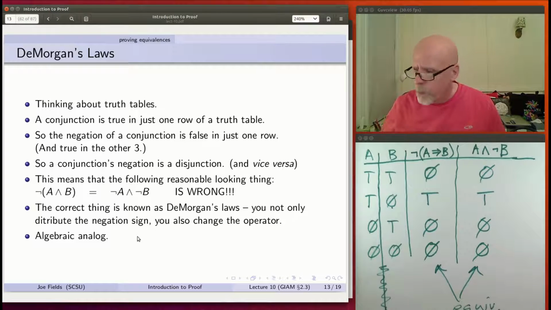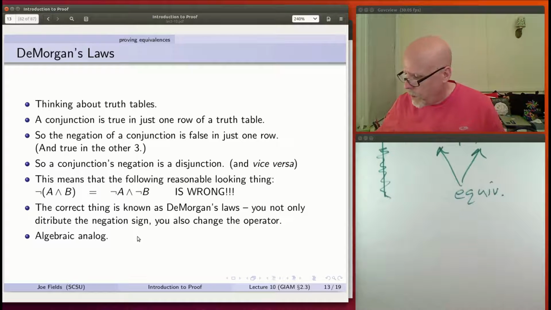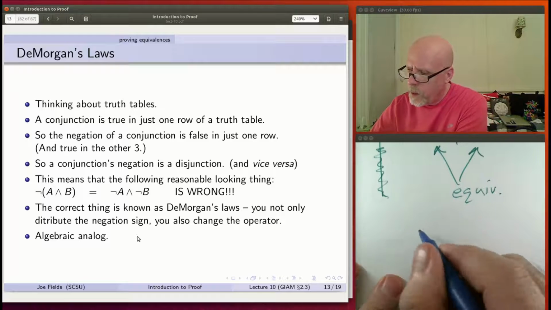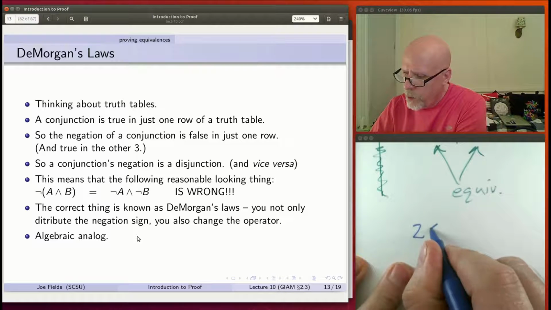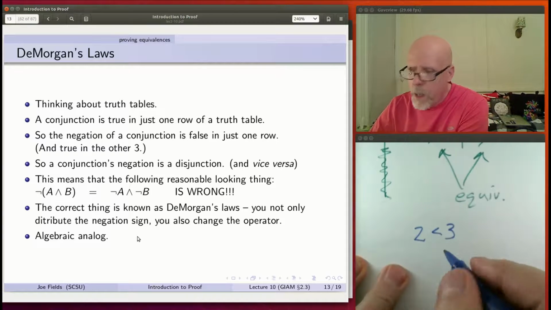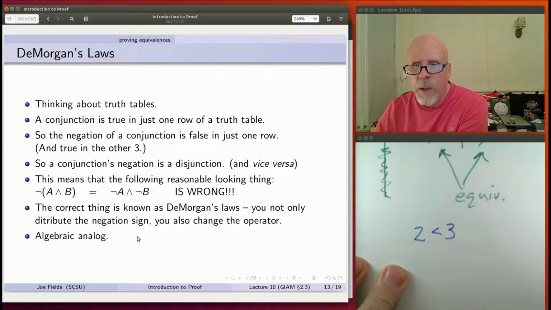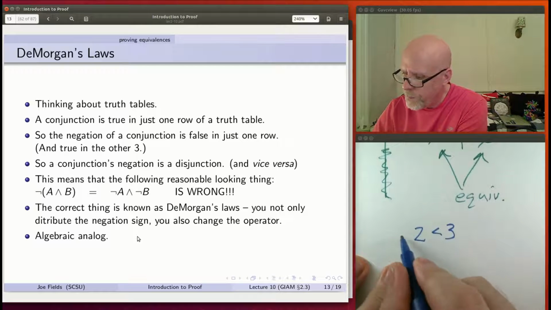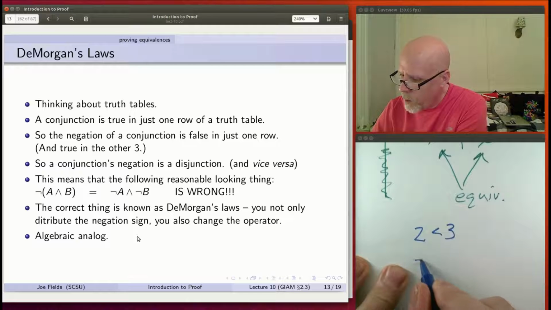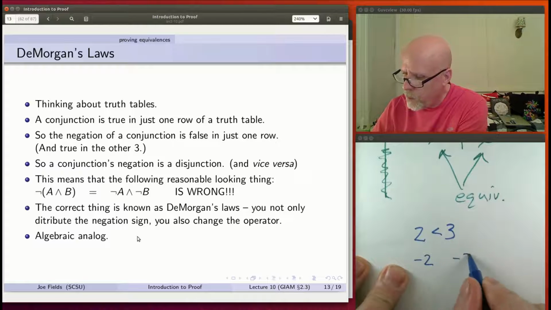So what is this algebraic analog? It's not quite algebra, but remember doing things like this. If you have 2 is less than 3 and you need for some reason to multiply both sides by -1, well, when you do that, you get -2 and -3.